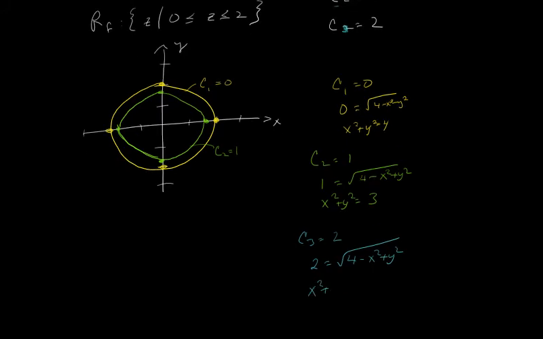I get x squared plus y squared is equal to 4 minus 4, which is 0. So x squared plus y squared equals 0. That's the circle of radius nothing, which is just the point here. Just (0, 0) is the only value that will satisfy that. So this is C3 equal to 2.